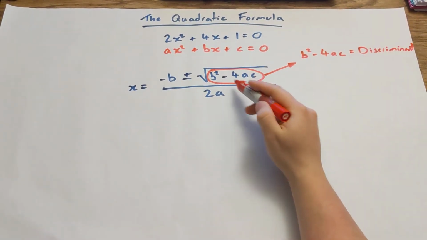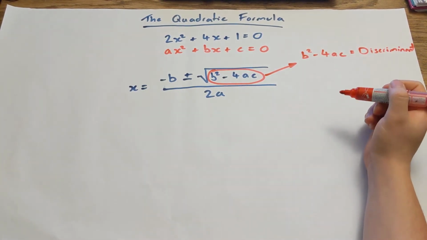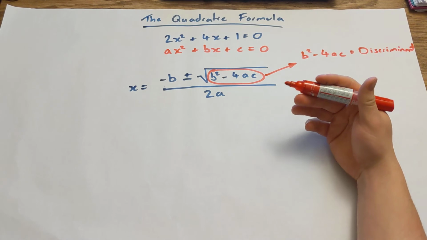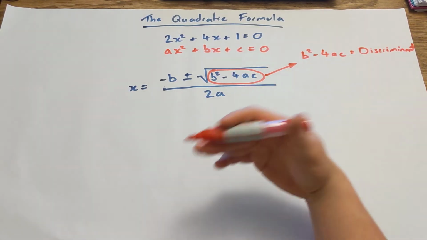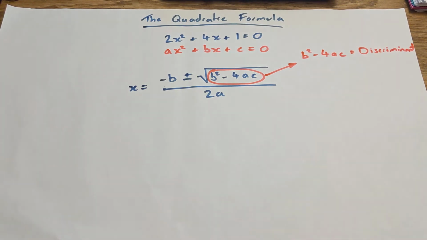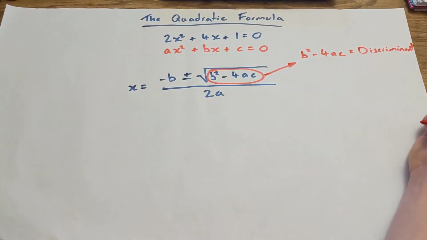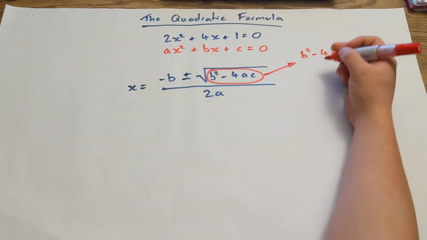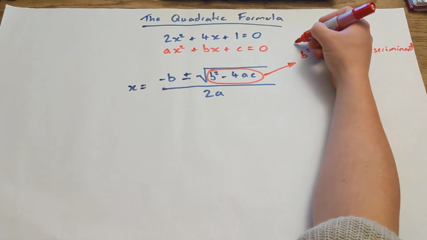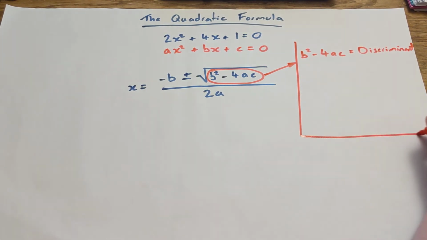Now, this discriminant is really important, because it can tell us some important information about the graph before we even go ahead and do the whole formula. There are some rules to remember about the discriminant. I'm going to put a line down here to keep this separate and to remember it's important.